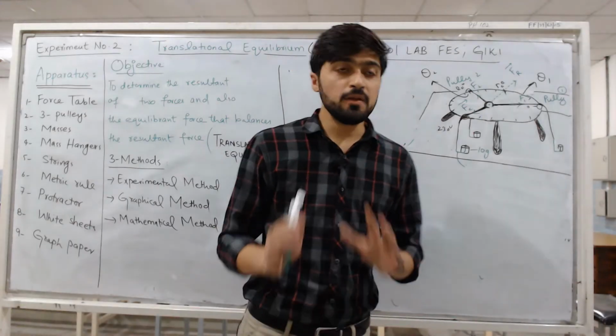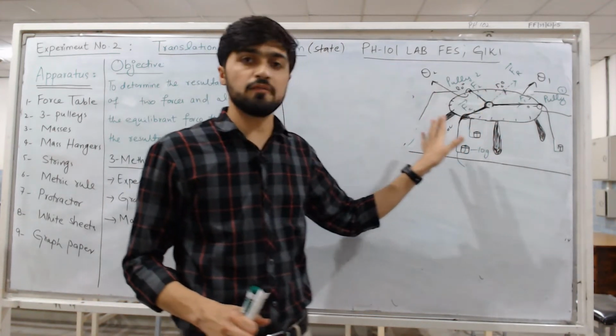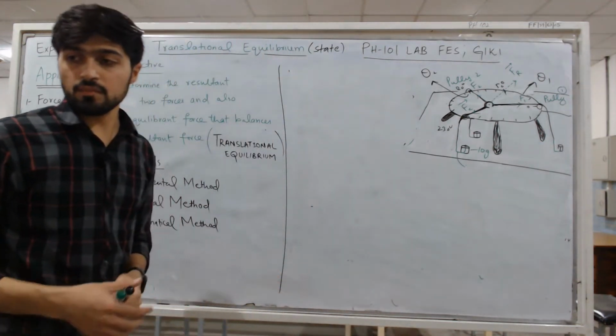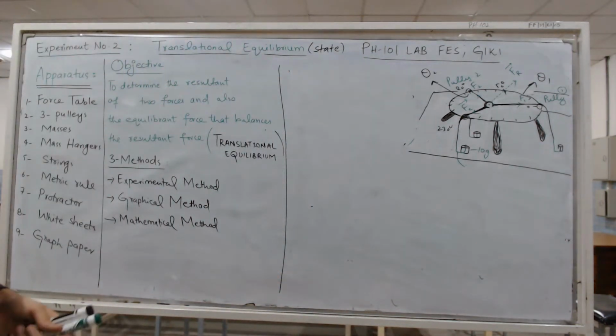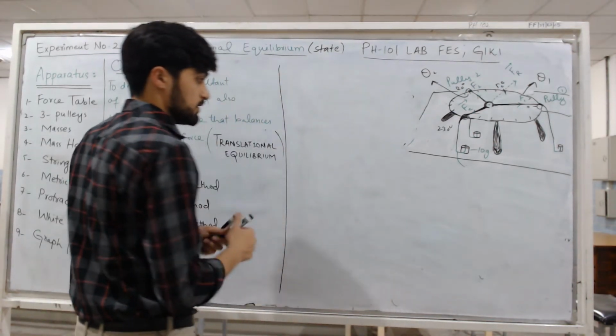Now keep in mind, these pulleys are frictionless. We are considering this, these pulleys are frictionless. We are not including the frictional forces. Now let me explain a little bit the equilibrium force.